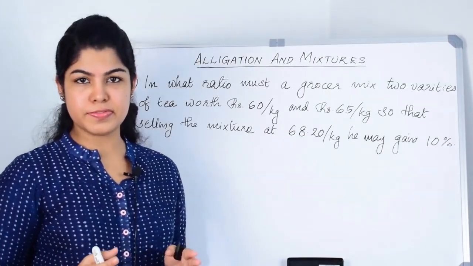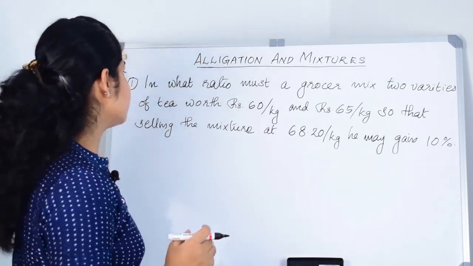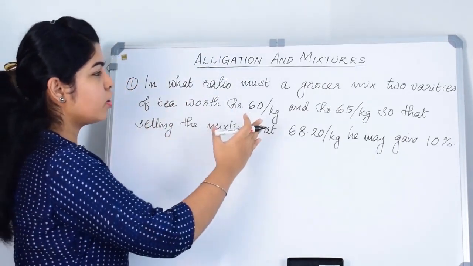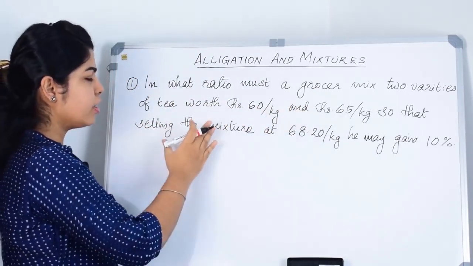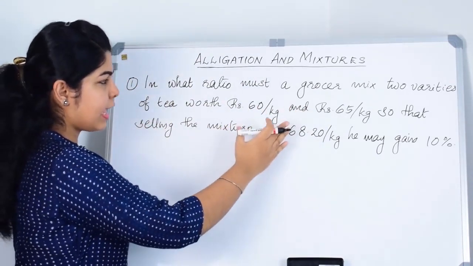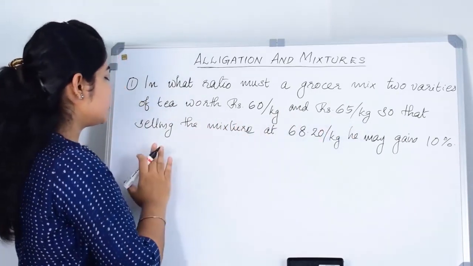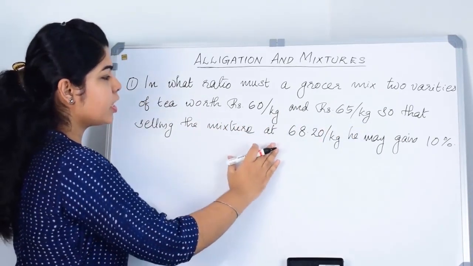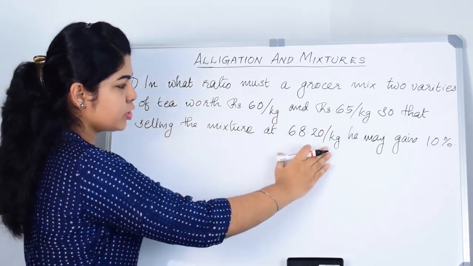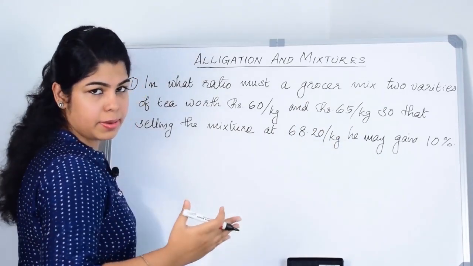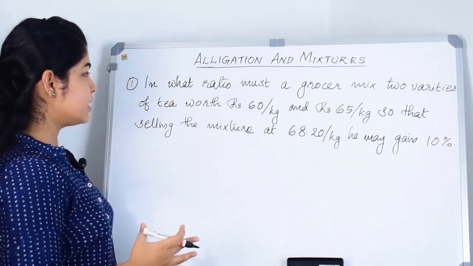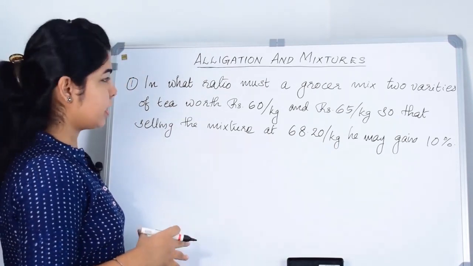Now let us solve our first question. Our question is, in what ratio must a grocer mix two varieties of tea worth rupees 60 per kg and rupees 65 per kg so that selling the mixture at rupees 68.20 per kg he may gain 10%. So let us see what all details are given in the question.